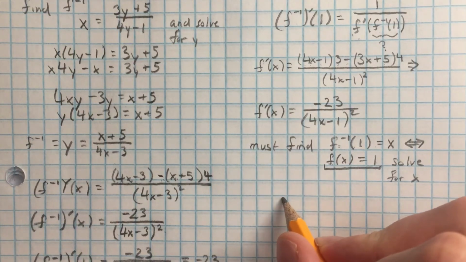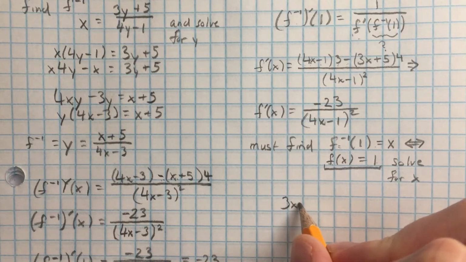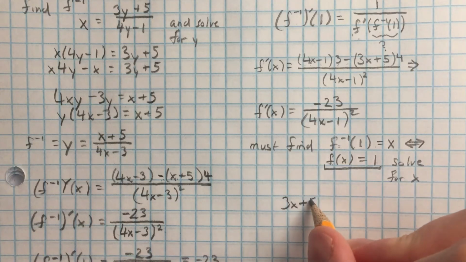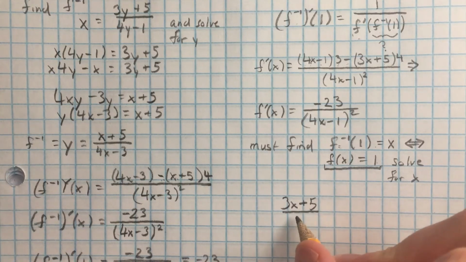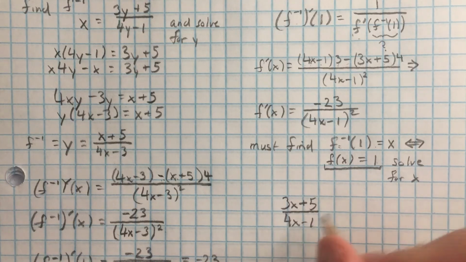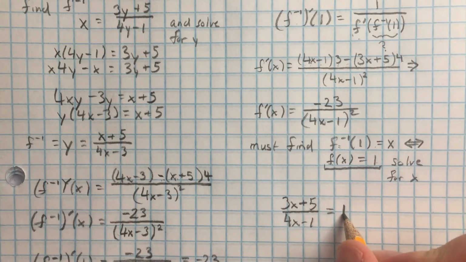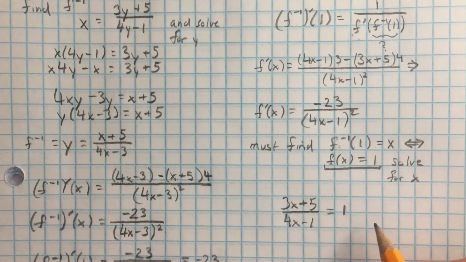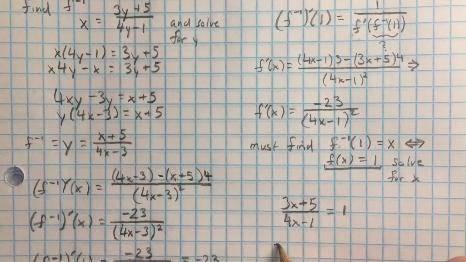So we have 3x plus 5 on 4x minus 1 equal to 1, and find x. All right, so multiplying both sides by 4x minus 1 and solving, we'll have 3x plus 5 equals 4x minus 1.